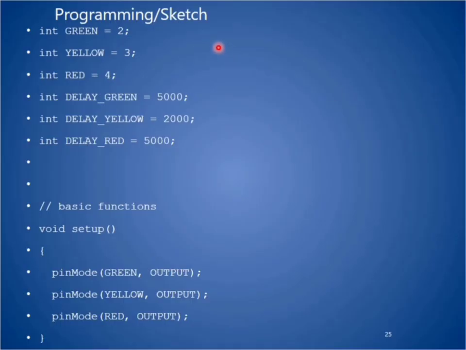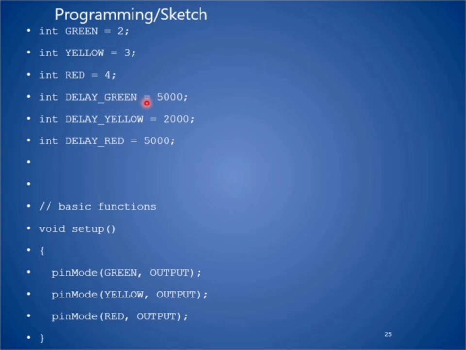Okay, here you can see we have first assigned pin number 2 as green. We are putting it in the green variable. Yellow similarly 3 to yellow and 4 to red. Okay, and we have assigned delay. Delay means how long it will stay on after glowing.